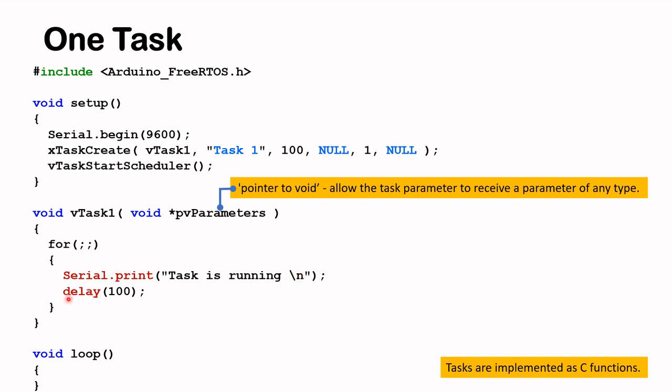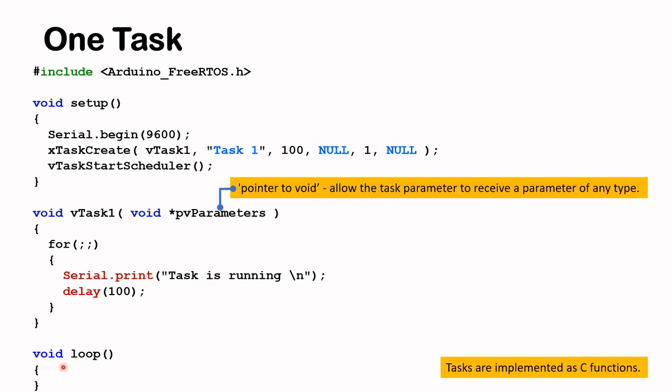All right. Then we delay it for 100 milliseconds. All right, so this is a for loop in endless loop format. So this will keep printing the message "Task is running" forever, basically.